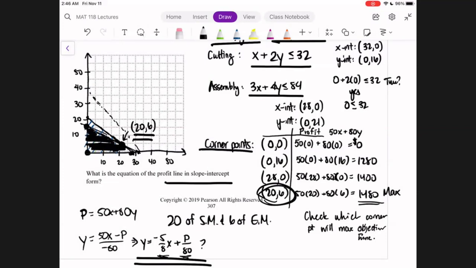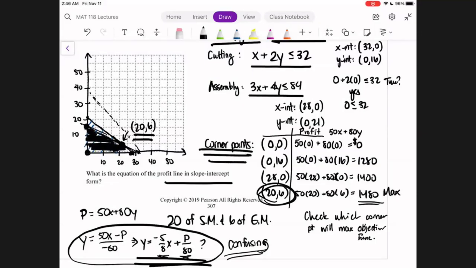Okay, but I will say that trying to think of it this way can be confusing, right? And pretty much what it boils down to, and how I was explained this when I learned linear programming, was just look at your corner points. Get your corner points in your region, go through each one, plug them into your objective function, and see which one works, okay? So the book does explain it by writing a line and doing it that way.